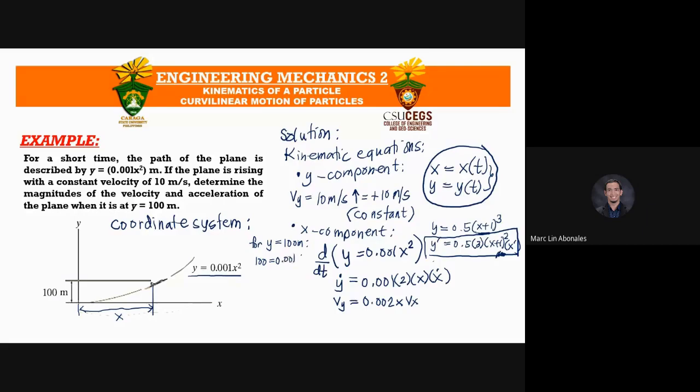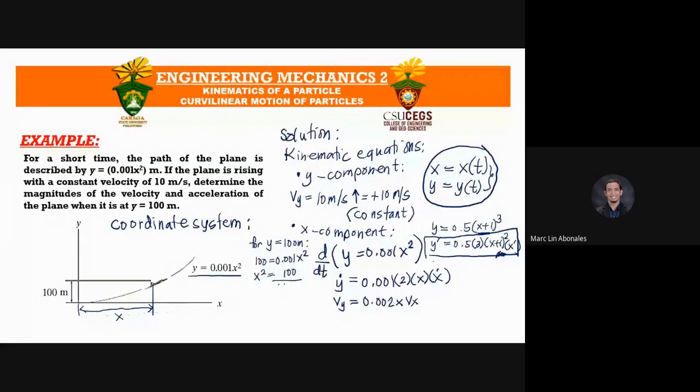So that would be 100 over 0.001. What is 100 over 0.001? 100,000? Correct? I'm not sure, because I don't have a calculator.